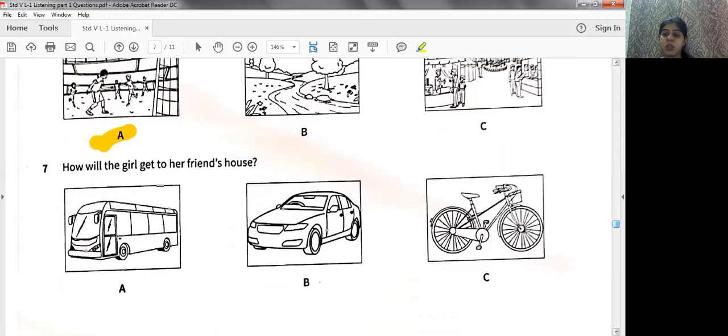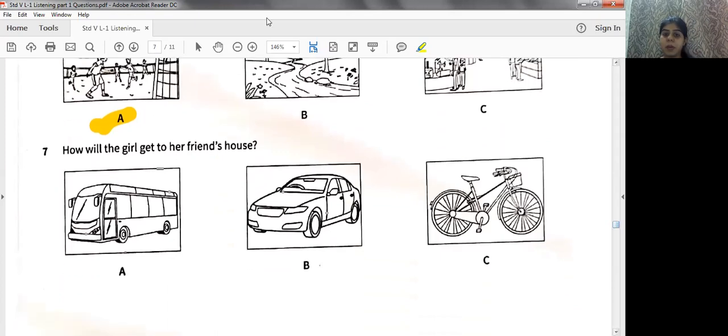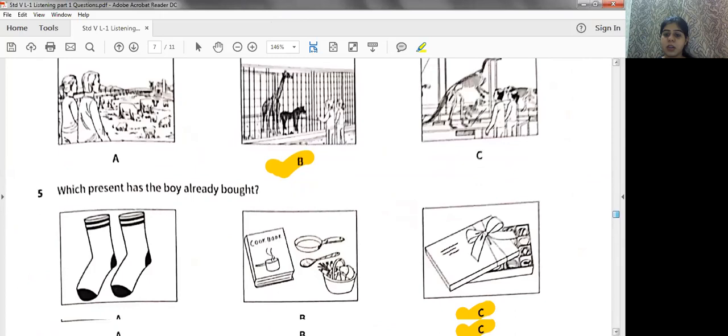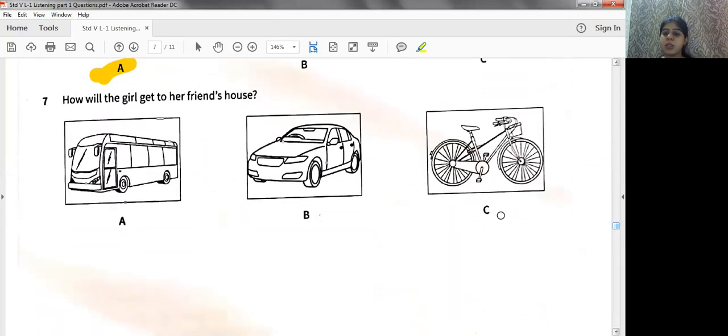And the last one, students. Let's move to the seventh one now. How did the girl get to a friend's house? First she says that her motorbike, and in foreign countries, students, a cycle is like a motorbike only, is not in good condition, she has some problem.